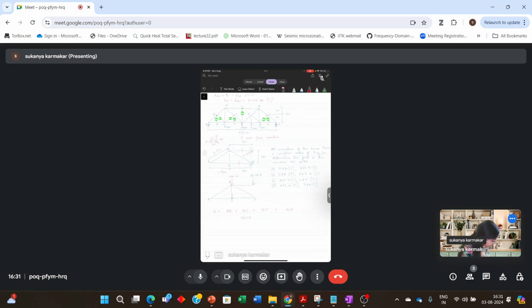So 2.828 into 8 into 9.81 divided by 2 comes out to be 110.98. And again 110.98. So this contribution is from the member BD, 110.98.